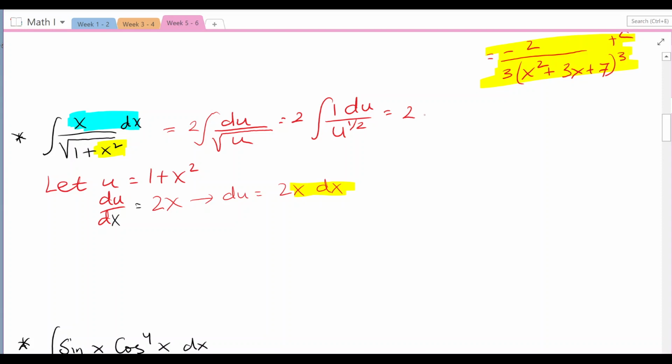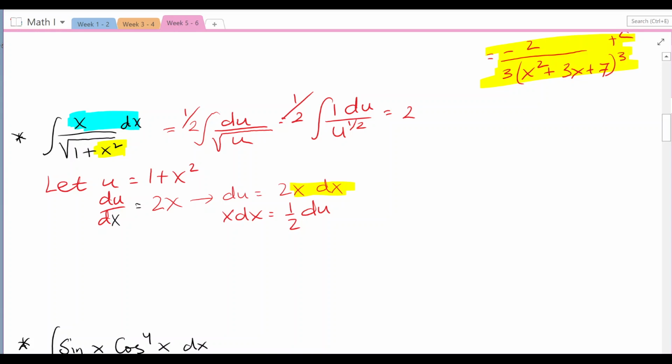Okay, it's not 2 but it's actually half, because here x dx equals half du. So you can write down here x dx equals half du. So take the half out, and then in the bottom is u raised to the power of half.